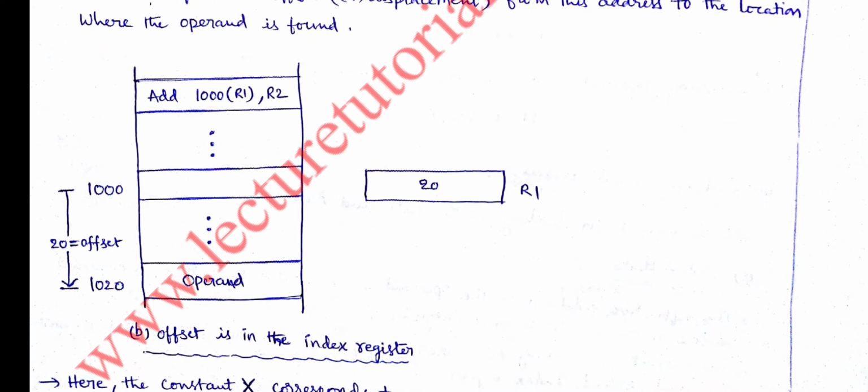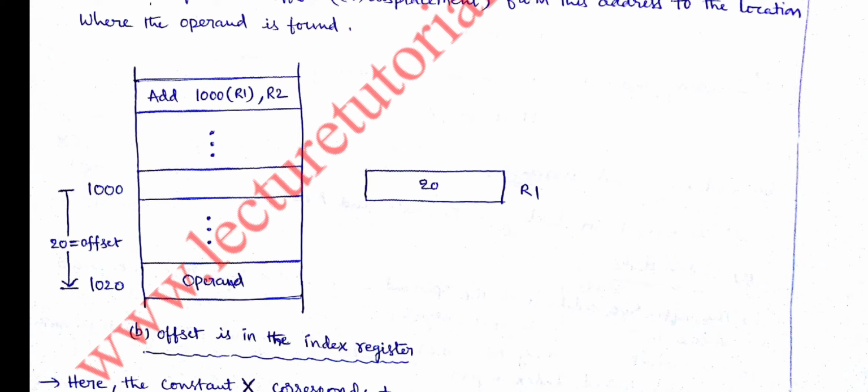See, one more example. Add 1000(R1), R2. Here 1000 is the offset value, and R1 contains 20.